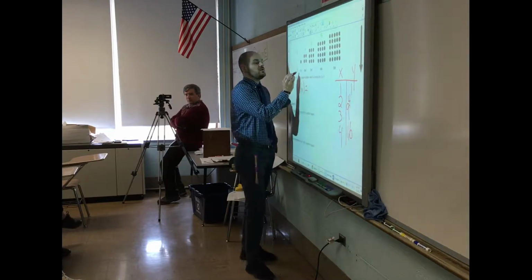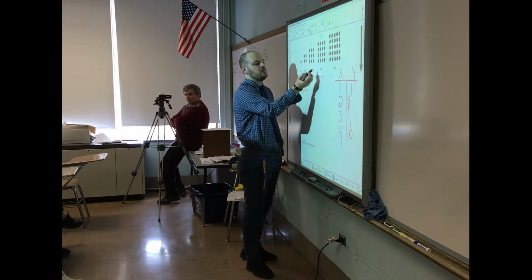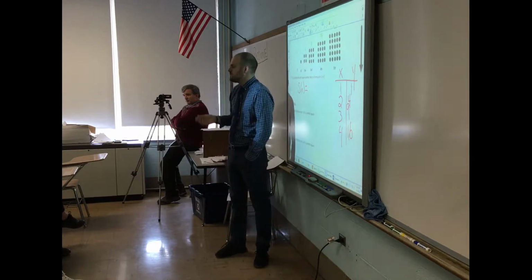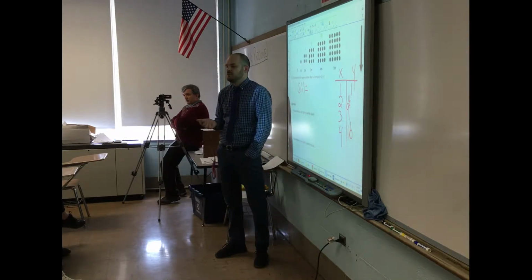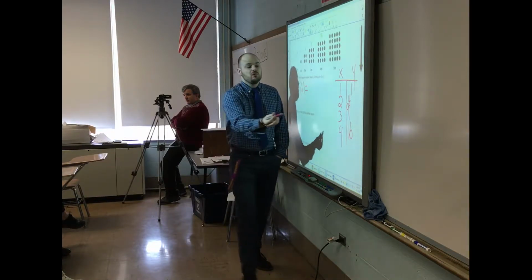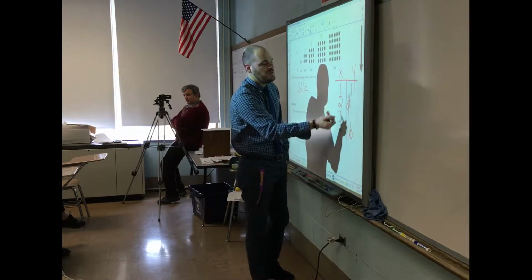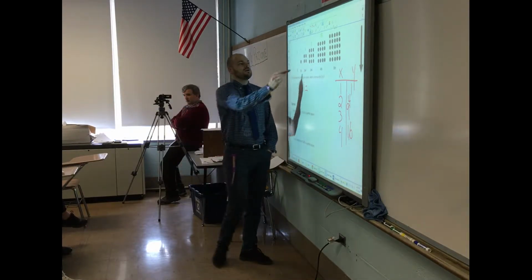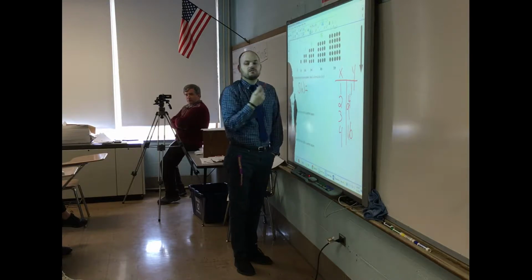S of n. If these are our n's, 1, 2, 3, 4, how do I get my y's? Squares, we can say. So you just did it. How did you get each of these y's? What did you do with the x to get your y? What did you multiply here?